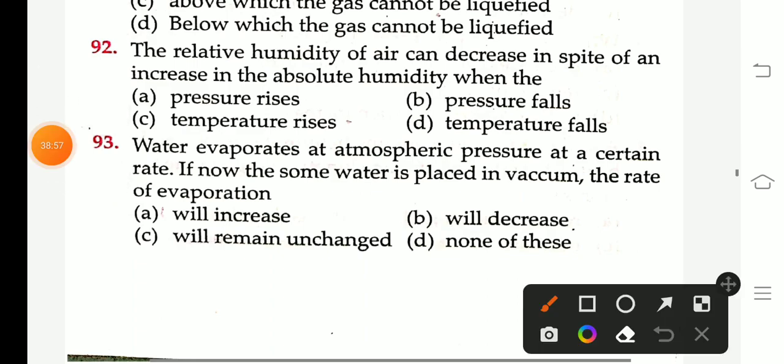Next, water evaporates at atmospheric pressure at a certain rate. If now the same water is placed in vacuum, the rate of evaporation. Right answer will be option A. Will increase.